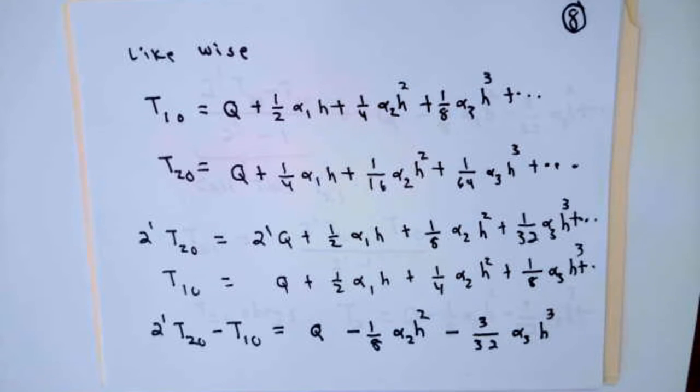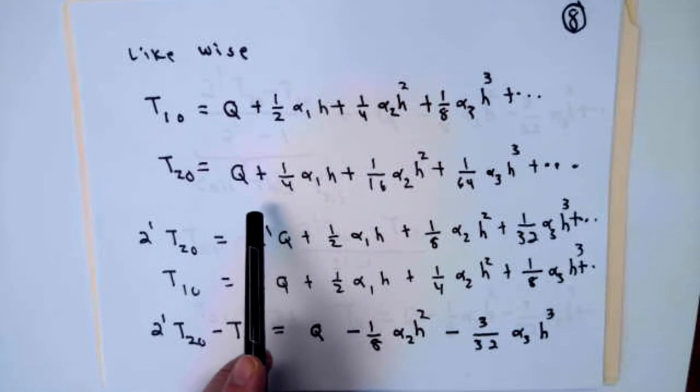If you return to the original expression for the approximations in terms of the power series, for T20, I'm going to be looking at H divided by 2 squared, H divided by 4. So in the original series, every place where you see the letter H, replace it with h over 4 and write the answer down.